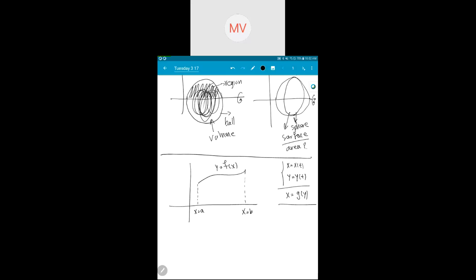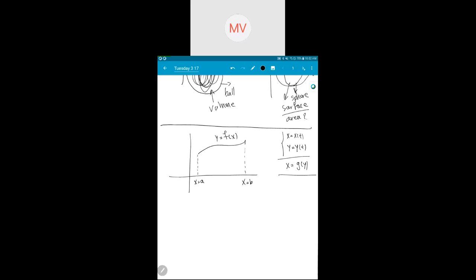So if this rotates, as you can see, it's going to make the surface, only the curve. So I want to emphasize here, only the curve, not the region.